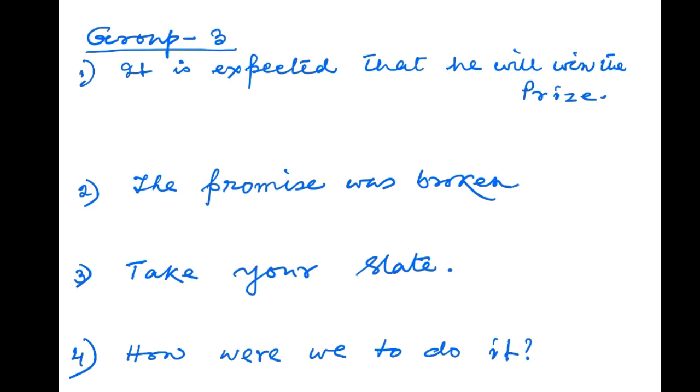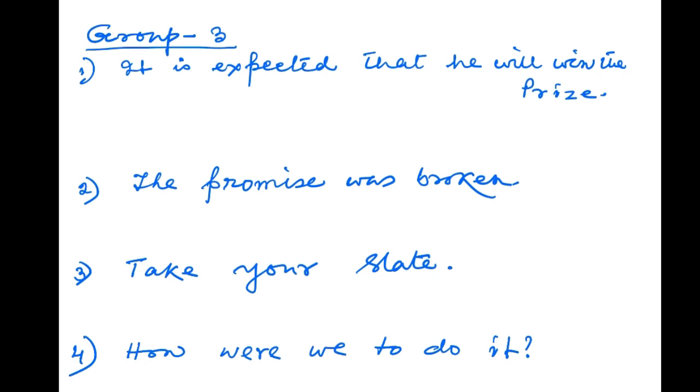Okay, this is the third group. Here you will get 5 sentences also. Now copy these sentences in your notebook and do the work as it is, and come to the video again to check your answers. Now write: Number 1, it is expected that he will win the prize.